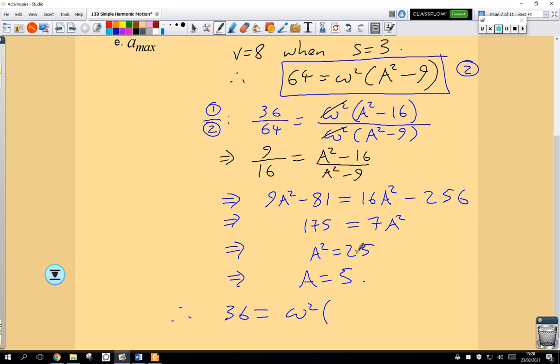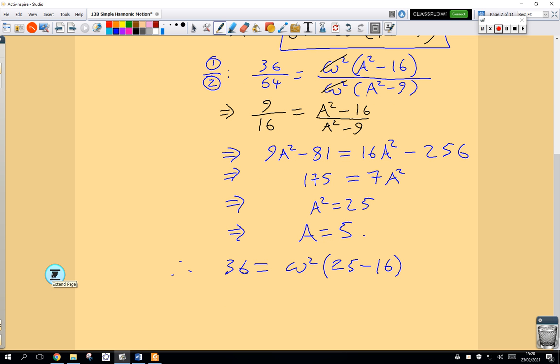Well, A squared is 25, so 25 minus 16, well, that's 9. 36 is equal to 9 omega squared. Omega squared has to be 4, which of course means omega must be plus or minus 2. I'm just going to say 2.